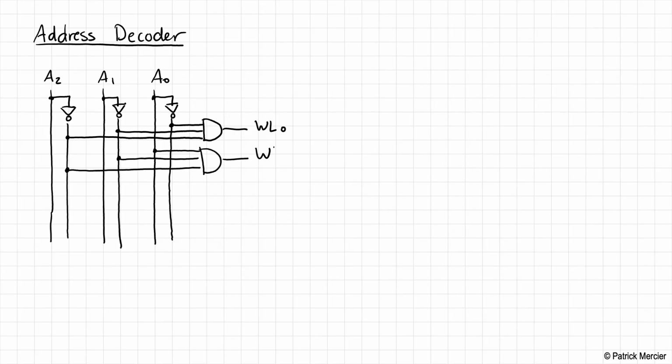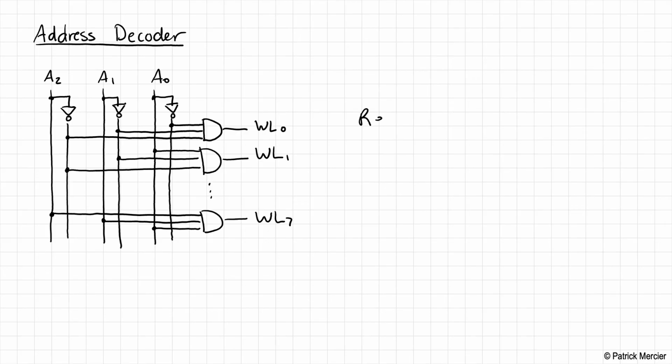And this will activate word line 1. And so on and so forth until we get to the final value, that would be word line 7, where we take A2, A1, and A0 and AND the results together. So that's word line 7 in this 3-bit example.